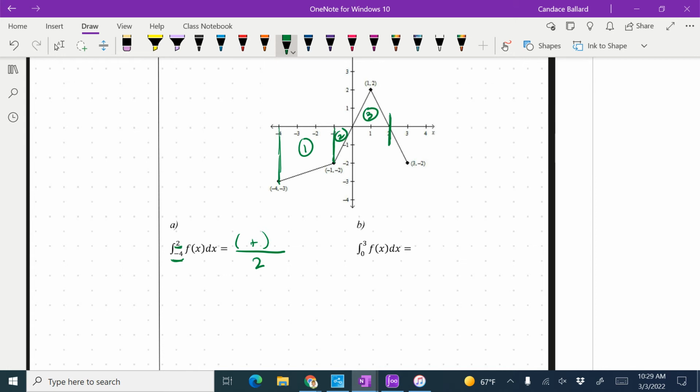So now I've got a trapezoid. What are the lengths of the bases here? So this is base 1, that's base 2. What are those heights? How big is this one? How far did it go down? 3, good.